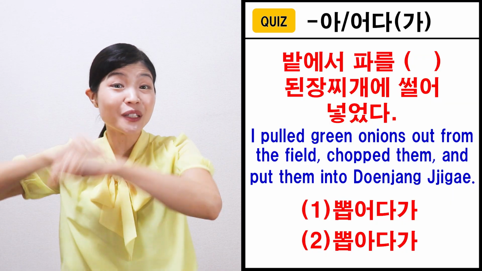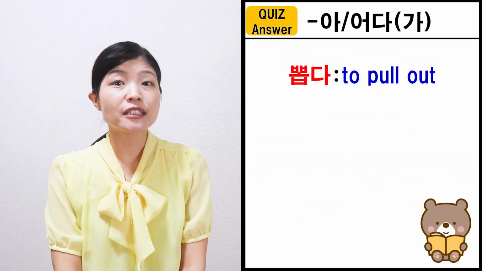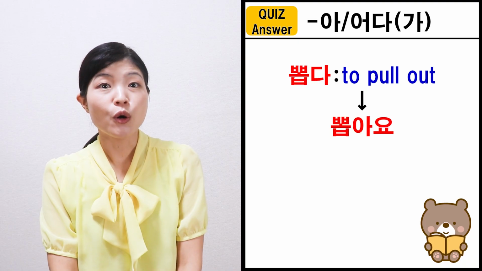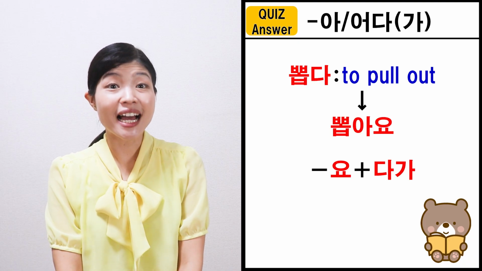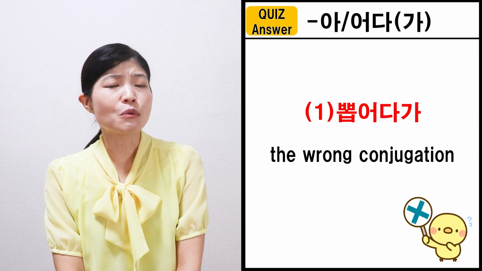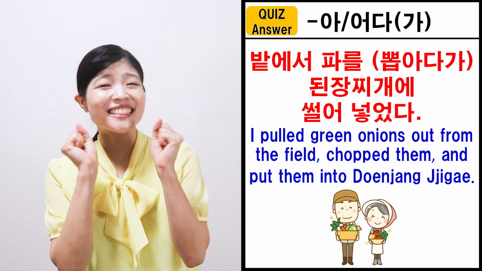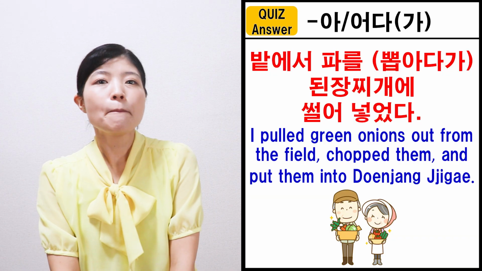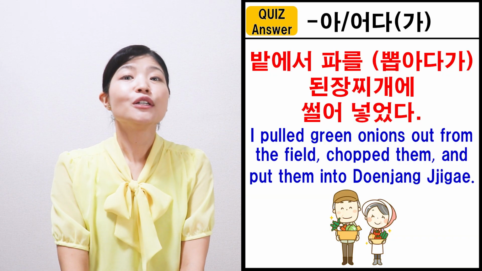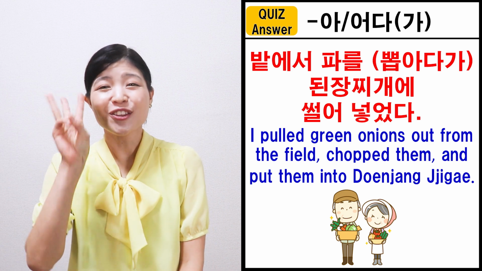The correct answer is number 2. The 요 form of 뽑다, to pull out, is 뽑아요. You remove 요 and add 다가 to make 뽑아다가. Number 1 is the wrong conjugation, so don't use it. Now, let's read it together. 밭에서 파를 뽑아다가 된장찌개에 썰어 넣었다. Please read it at least 3 times.